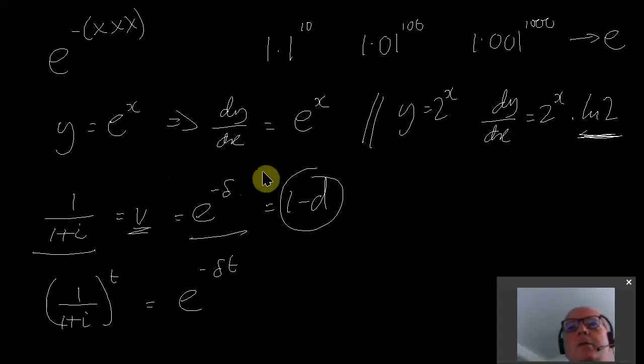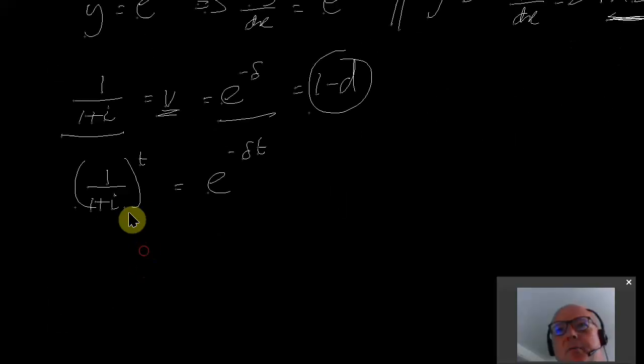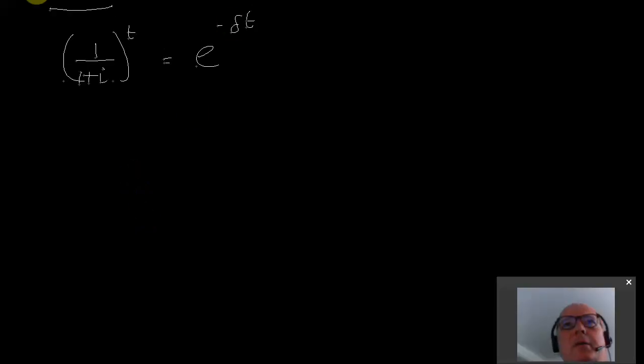And what you notice is that this is really a special case because we're assuming delta is constant. But this is where this process becomes more powerful, because there I'm just assuming all the time delta is constant, the force of interest is constant.